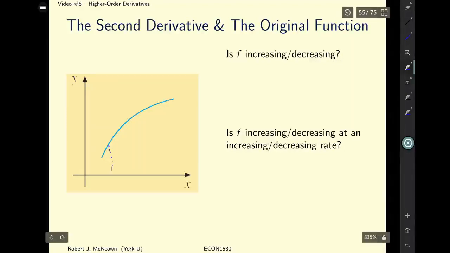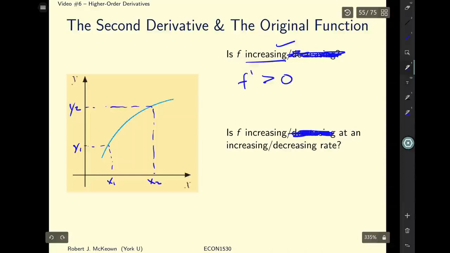Well, if I increase x on this interval, y is increasing. So f is increasing, which means f prime is greater than 0. And so we know that the first part of the second sentence is increasing.